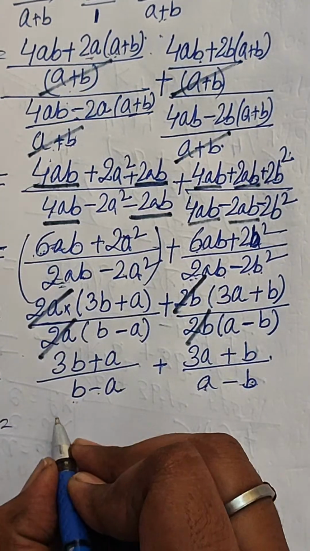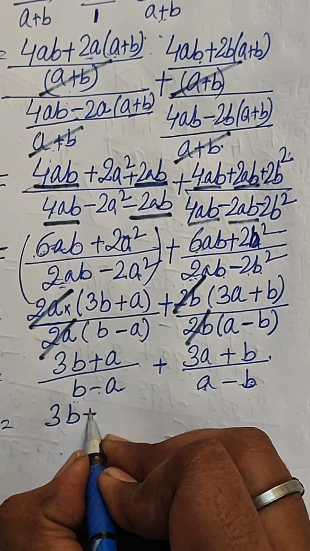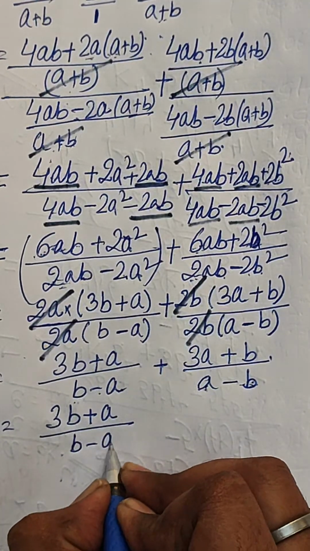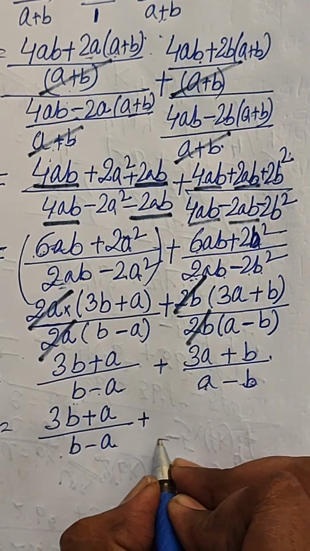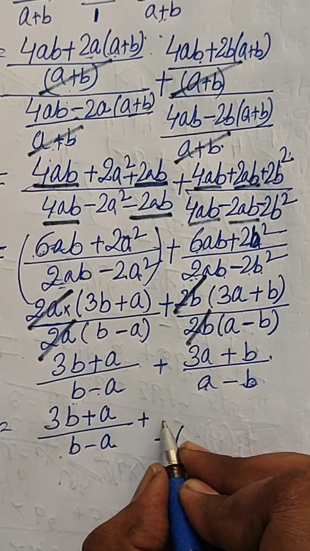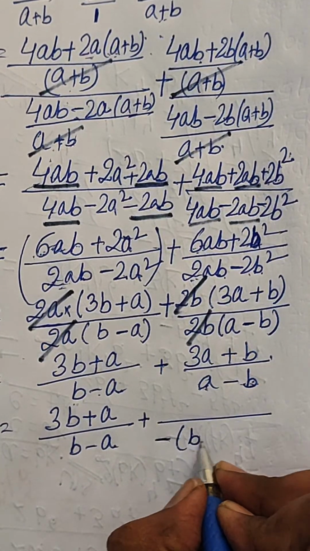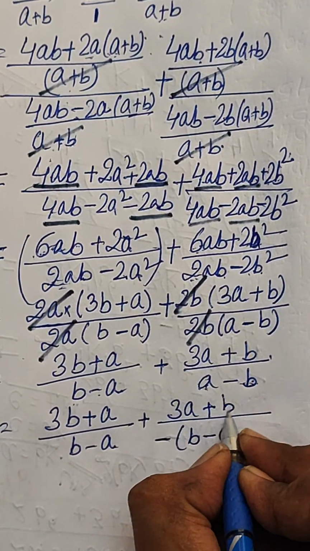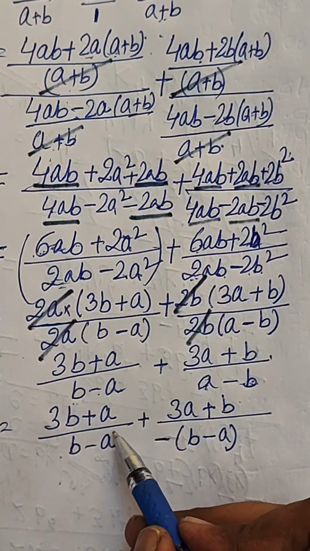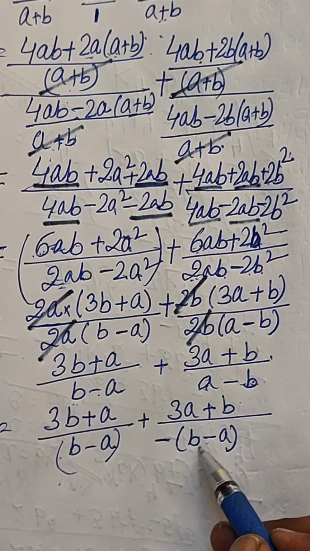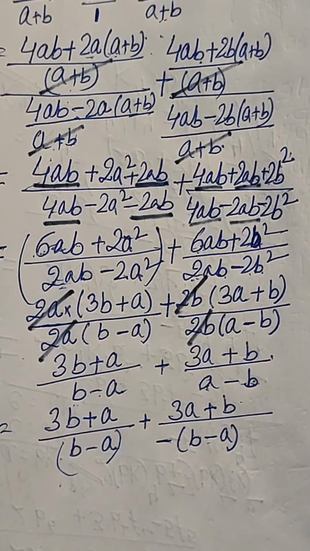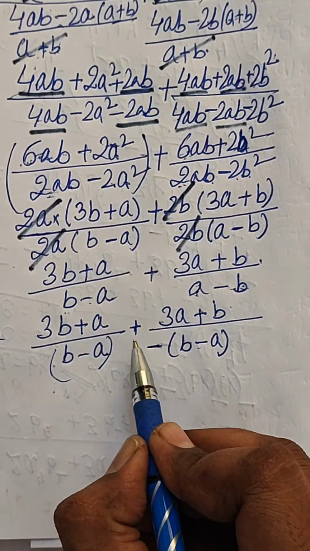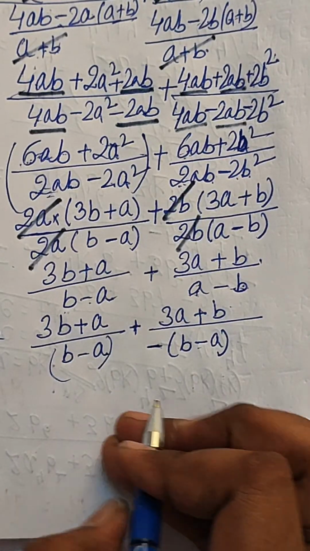So in this way we can write the above expression as 3b plus a by b minus a, and when minus is taken as common in the denominator, we have b minus a. Why did we do it? So that b minus a and b minus a can be taken as an LCM, right?